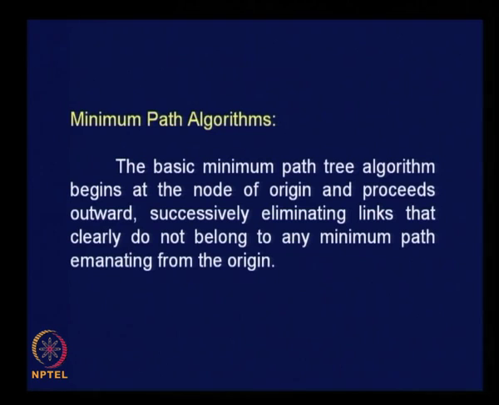Clear? It is a very general statement. Even if you are not very clear about the statement, you will be able to understand better when we take up an example. Just have at least some vague understanding of what is stated here. We are just eliminating links that clearly do not belong to any minimum path emanating from the origin. Clear?